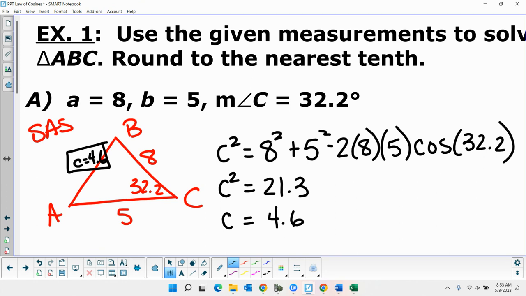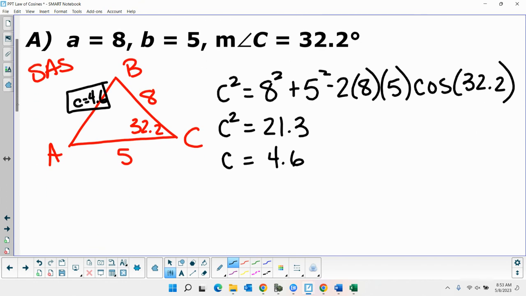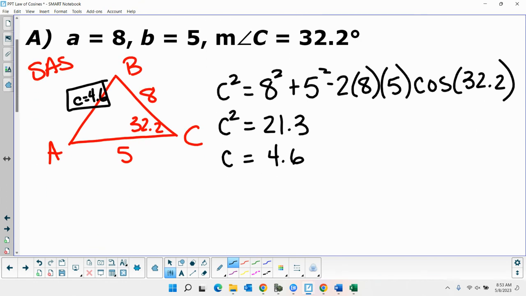Okay? Don't forget that. So we're going to go sine of 32.2 over what? 4.6. Thank you, Mr. Parker. The one opposite it, right?